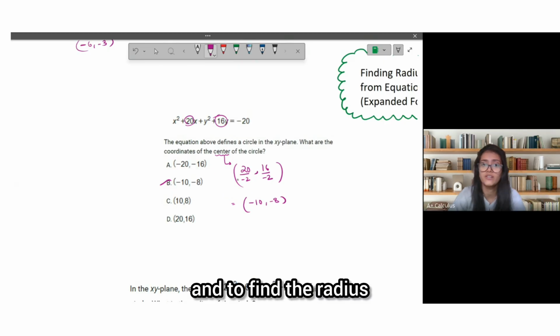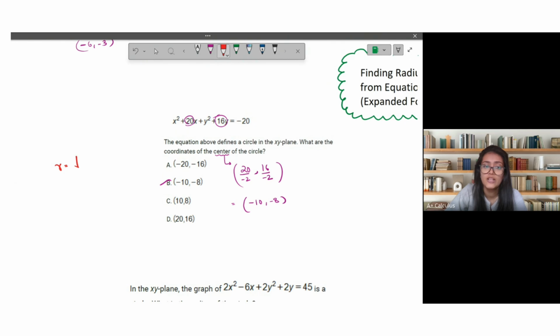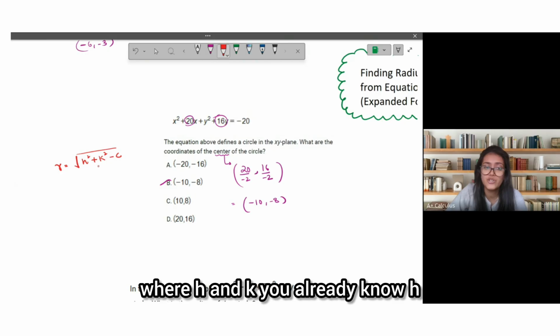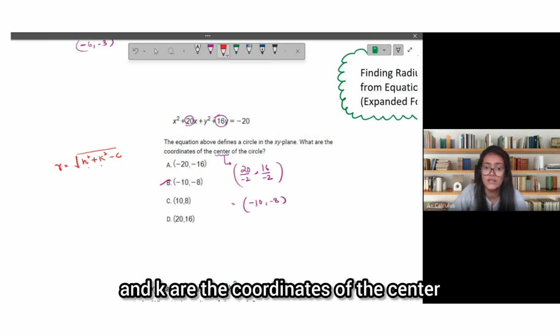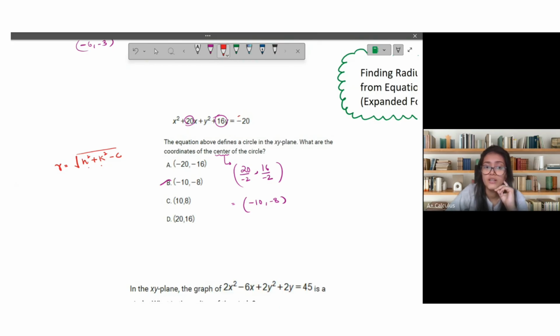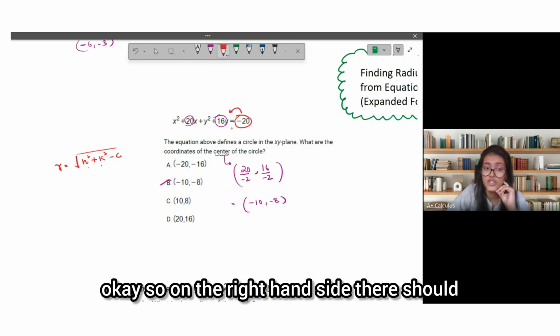And to find out the radius, radius is given by square root of h square plus k square minus c. Where h and k, you already know, are the coordinates of the center, and c is the constant term. So here c is not -20. C is that term which is on the left side. On the right hand side there should be 0.